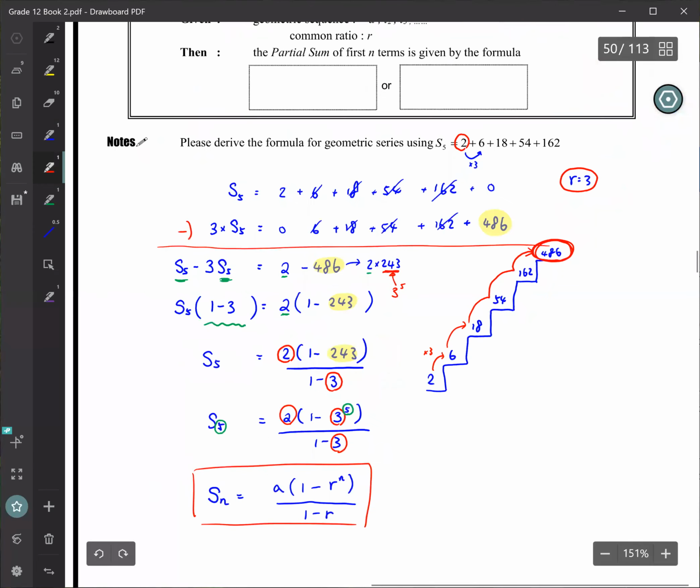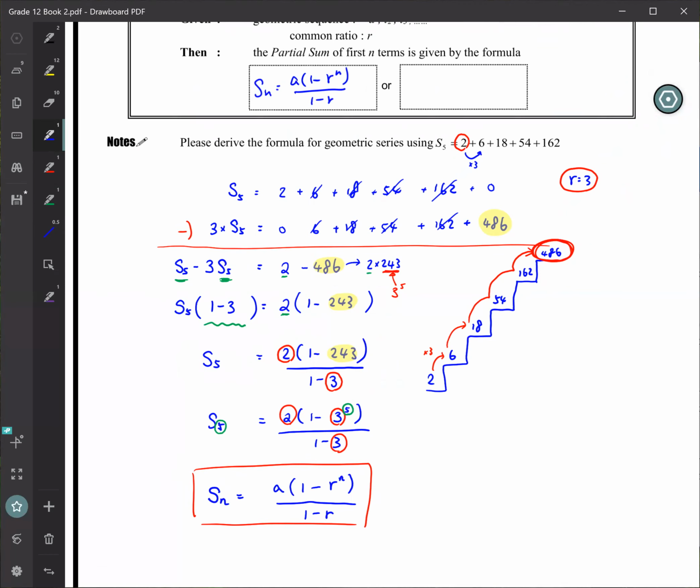So please fill into the top, okay? Sn equal to A. Okay, please raise your hand if you finish copying all these.